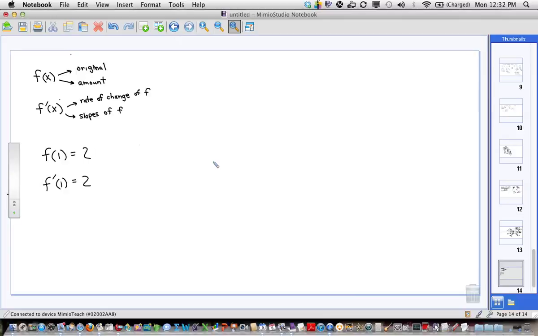Absolutely. f prime is a function itself. It's got its own points and y values. So this has a double meaning. It means the slope of the f graph at 1 is 2. It also means a point on the f prime graph is the point (1, 2). All right, very, very important that we understand it.